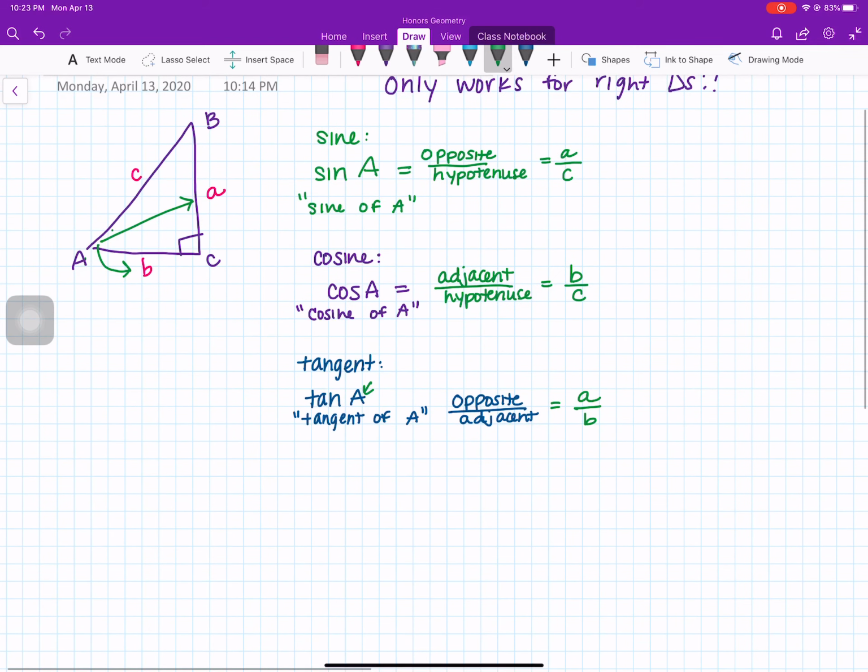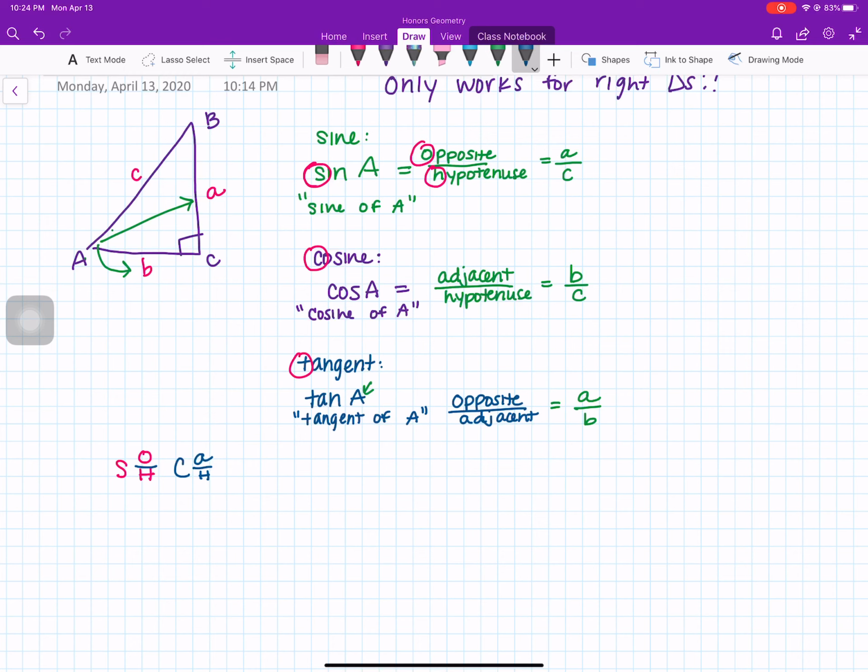Now, this is a lot to remember. There is a very popular acronym that's out there. So if you take the first letters, S, C, and T: the sine ratio deals with the opposite over the hypotenuse. The cosine ratio is the adjacent over the hypotenuse.